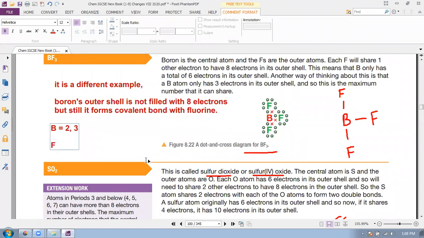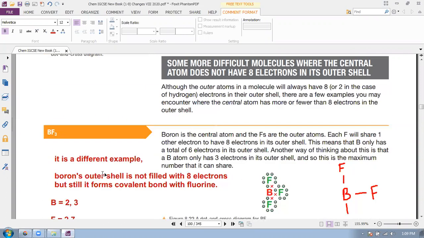And fluorine equals 2, 7. All right. Each fluorine is full filled. 8 electrons. The fluorine atoms have 8 electrons in its outer shell, not the boron. So this is a different one. It's a different example. Still, it forms covalent bond.